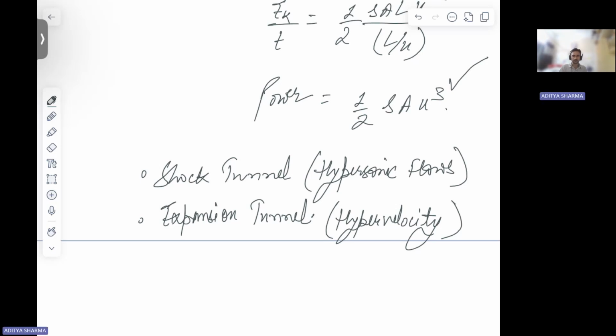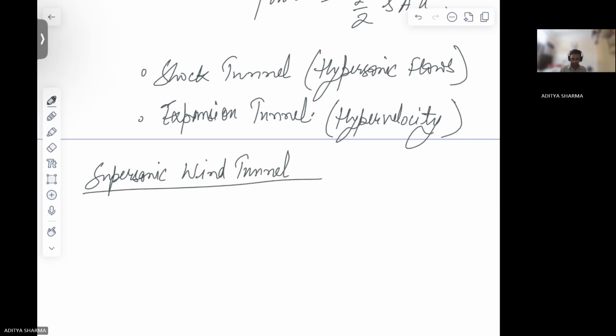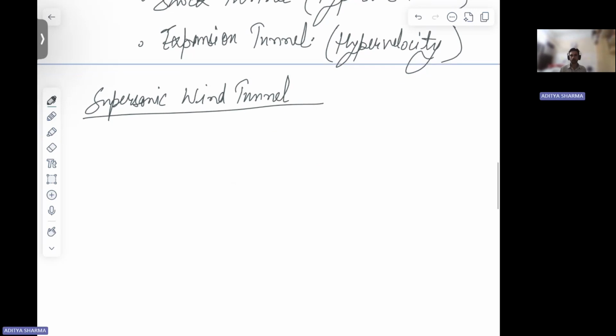Then there is the supersonic wind tunnel. The schematic of the supersonic wind tunnel goes like this.